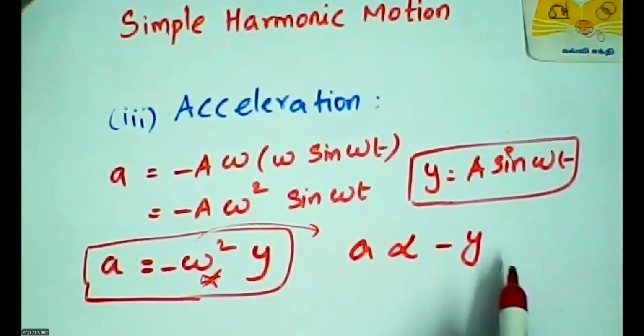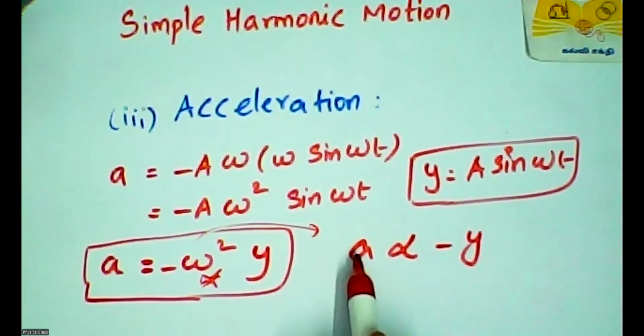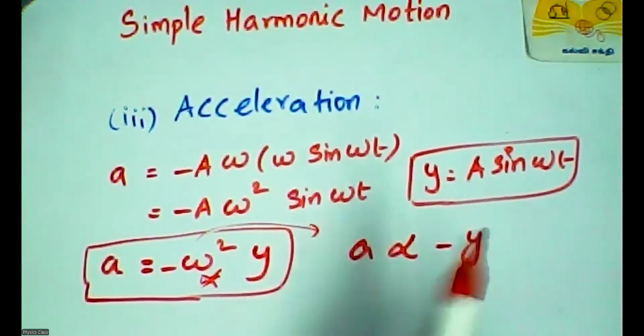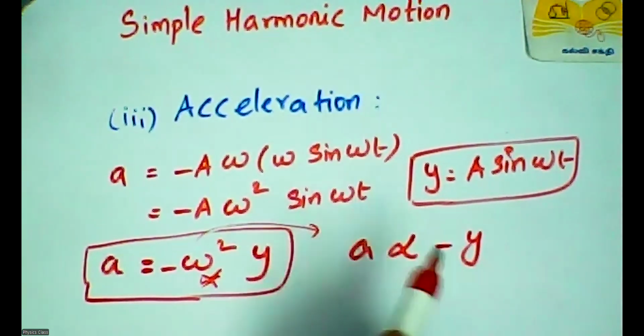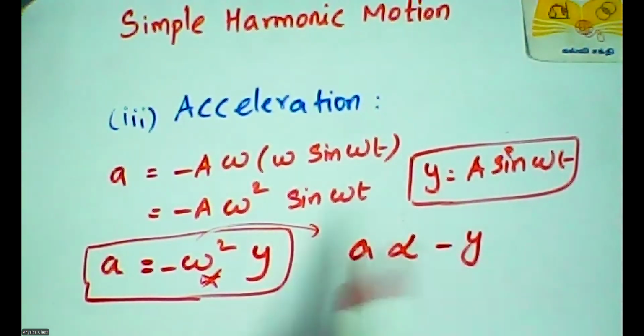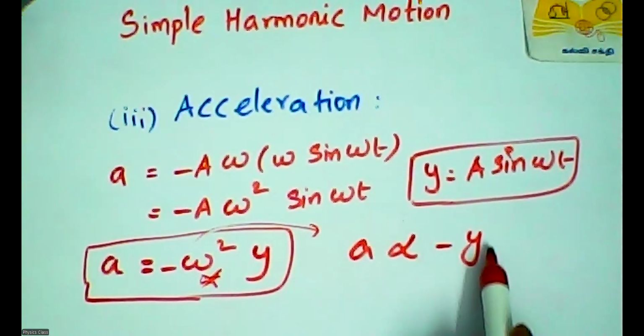So a is directly proportional to y means, suppose y increases, a increases in the plus direction. Suppose minus means a increases, y decreases. In reverse order, y increases, a decreases. Because displacement is directly proportional to the force, but in the opposite direction.